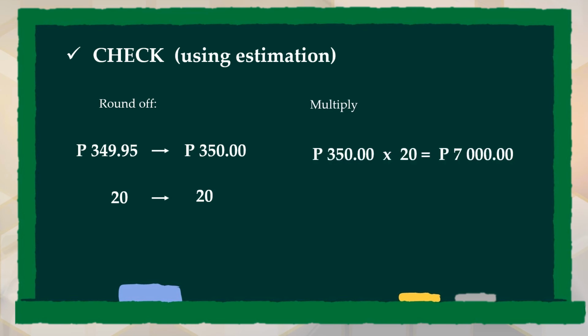So, 350 times 20 is equal to 7,000. As we can see, the total sale of sneakers, which is 6,999, is very close to the estimated product, which is 7,000, meaning 6,999 is approximately equal to 7,000, which means our answer is correct.